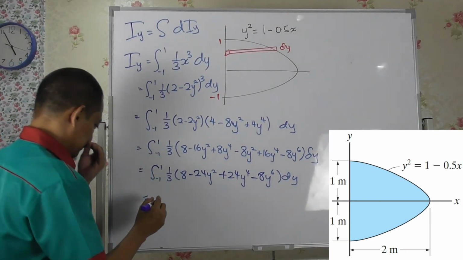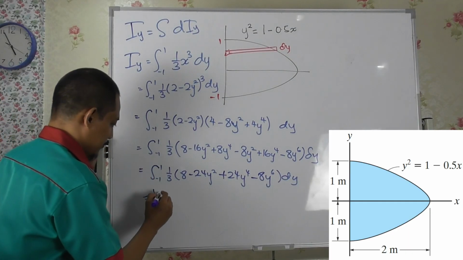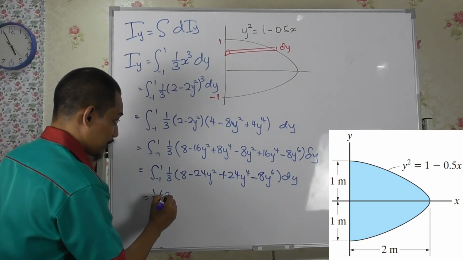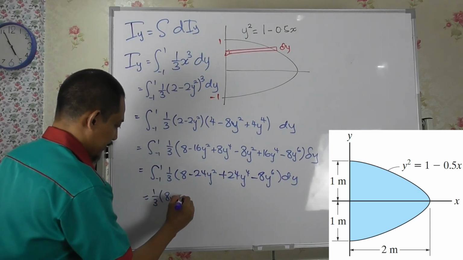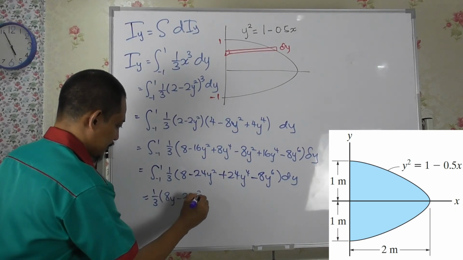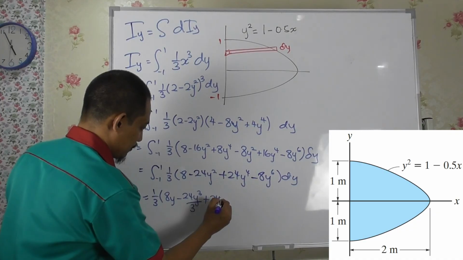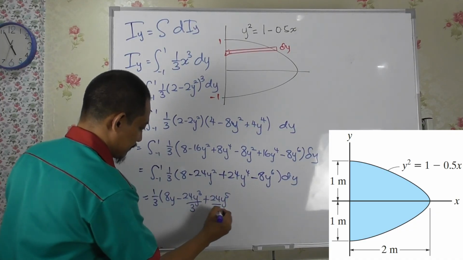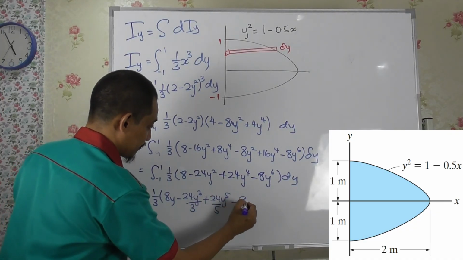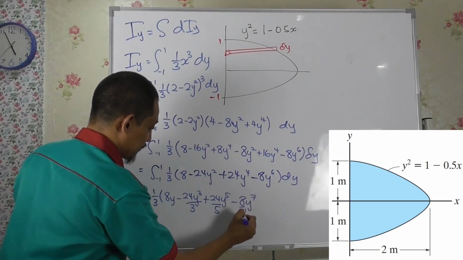So it will become, 1/3 I put outside, so you'll get 8y minus 24y cubed over 3 plus 24y to the power 5 over 5 minus 8y to the power 7 over 7.